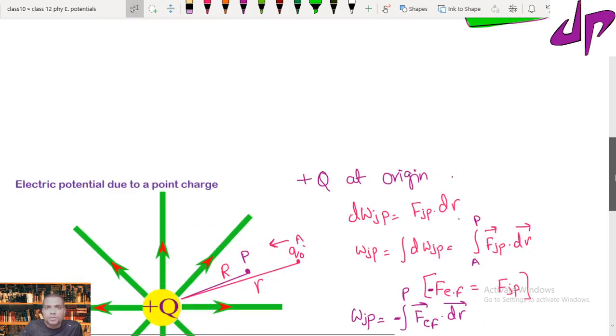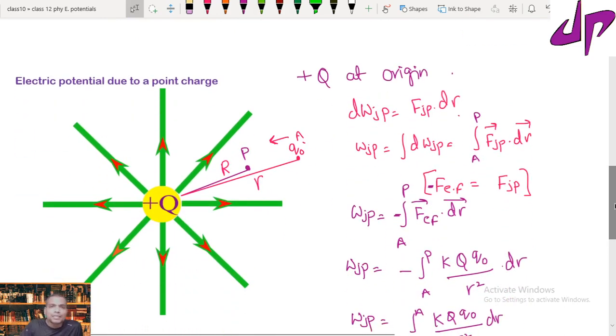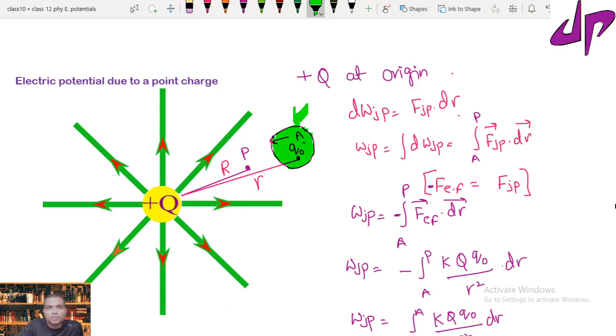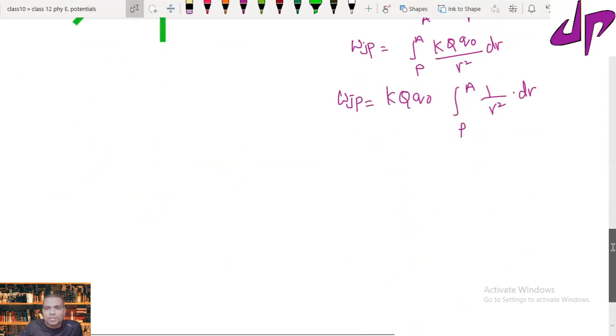For a moment, suppose I take a point where the force is 0. So for instance, let's imagine my point A is far away. I would like to bring the charge from infinity, so that it is not within the electric field. So it is at infinity. Because if we take infinity, that gives us the elimination of one of the limits.